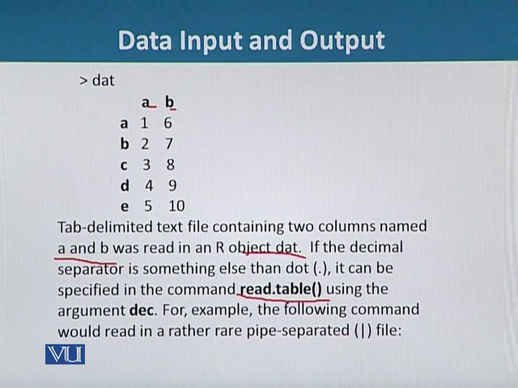In the previous command we did not use this, because the delimiter is the dot. If we use a delimiter other than the dot, then we have to add the argument DEC. For example, the following command would read in a rather rare pipe separated file. So we will see how this command is written.